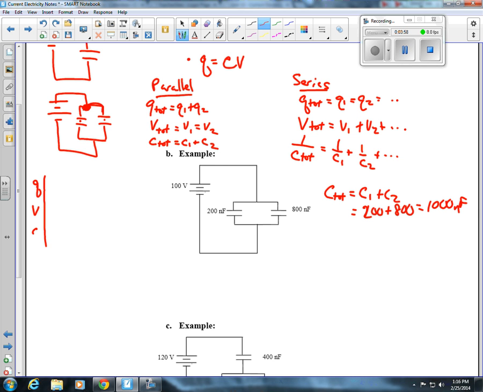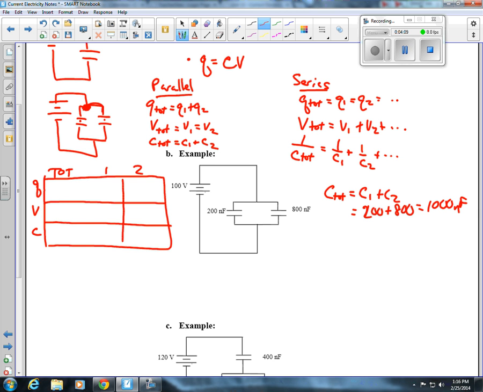So QVC this time instead of VI and R. Total, 1, 2. Okay. Now our first capacitor is 200, our second is 800, and the total is 1,000. Now for the voltage, we have 100 volts in here.